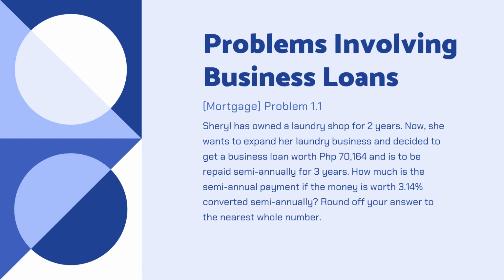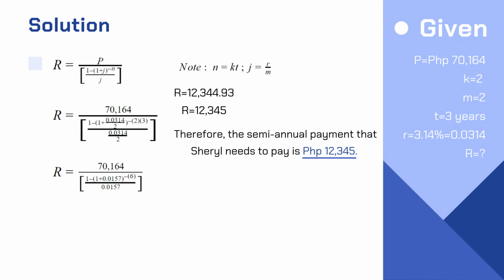How much is the semi-annual payment if the money is worth 3.14% converted semi-annually? Round off your answer to the nearest whole number. This problem is an example of a business loan since the money will be used to expand Cheryl's laundry business.